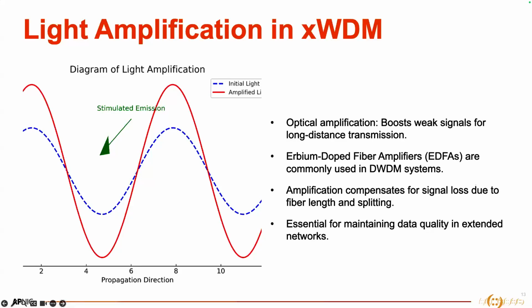But for now, just try to understand that there is a concept of light amplification in WDM, where we make sure that the light has the same kind of strength from the beginning towards the end, so that the destination can read the signal and retrieve the data the signal is carrying within itself. So this is the concept of light amplification in WDM.